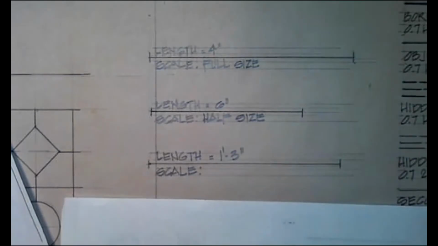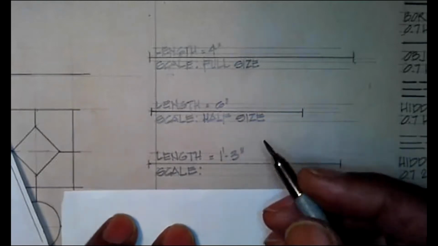Also, don't let your H-lead get too dull, because then it'll start to make the lettering heavier than what it needs to be. So you want to keep a medium thickness to the point of your H-lead when lettering.